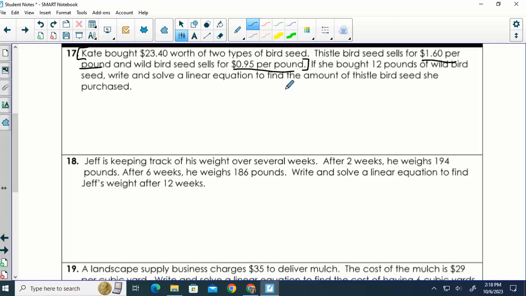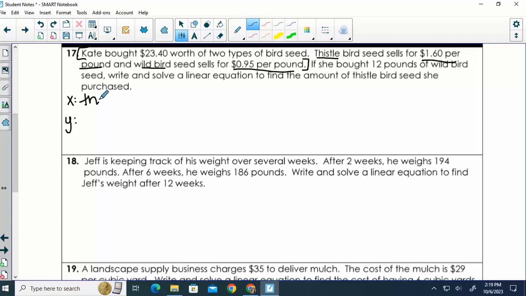So this is the one where we really don't have anything we know except there are 2 different things we're considering here. What are the 2 things that we're looking at? We have dollars and pounds, and more specifically we have dollars and pounds dealing with the thistle and the wild bird seeds, right? We just have 2 different kinds of bird seeds and we're looking at the costs of both of them.